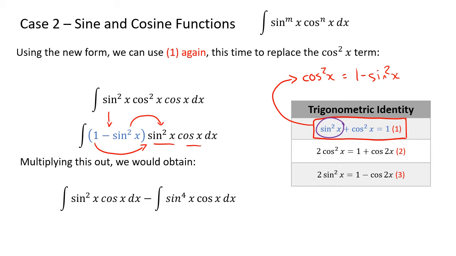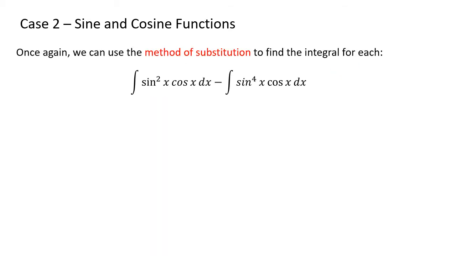So you can see there was a similar pattern there. We're left with one of our functions being to the exponent 1. In this case, cosine. In the first case, we had sine of x being the function to the exponent 1. So everything we're doing in this case is simply the reverse of the first case.